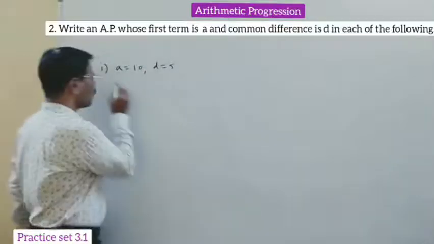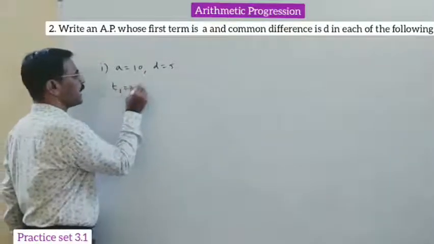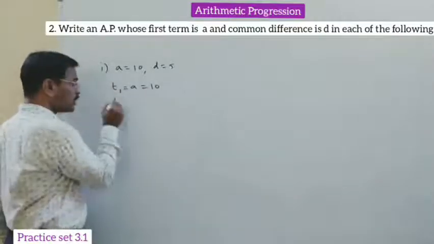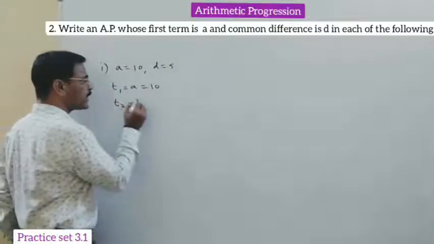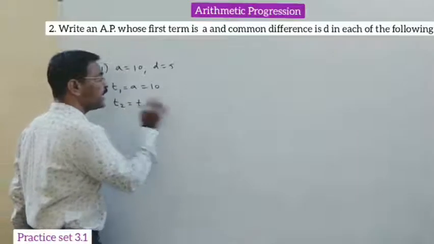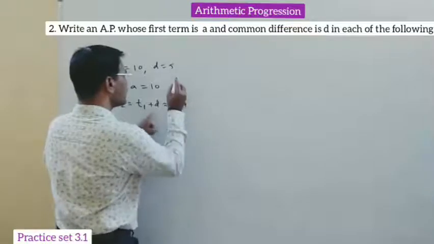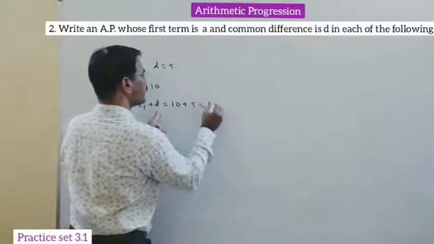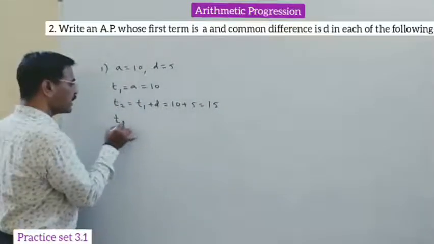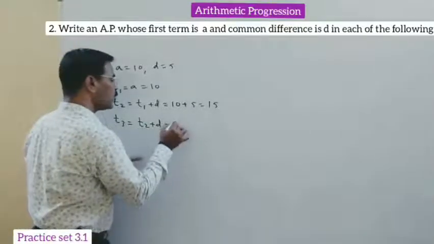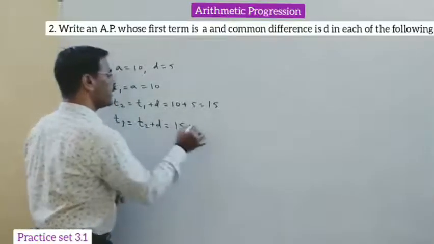See first. T1 means A, that is 10, given to us. Now, just try to observe that T2 is nothing but T1 plus D. So T1 means 10, plus D is 5. Here it is 15. Now T3, that is T2 plus D. What about T2? 15 plus D, 5.